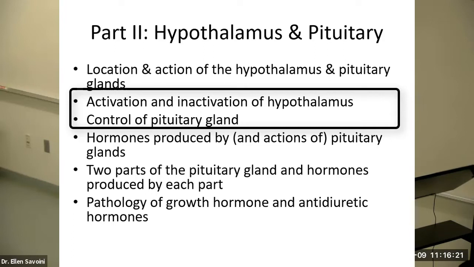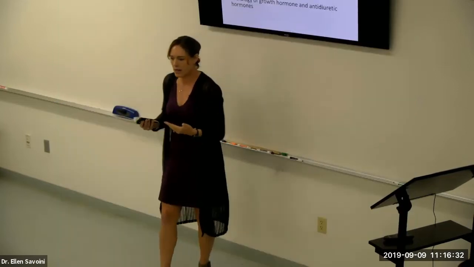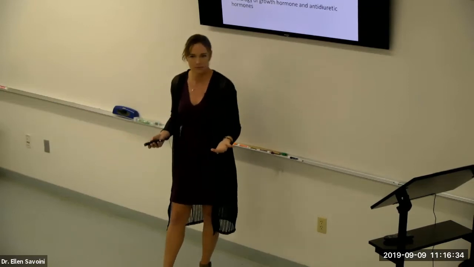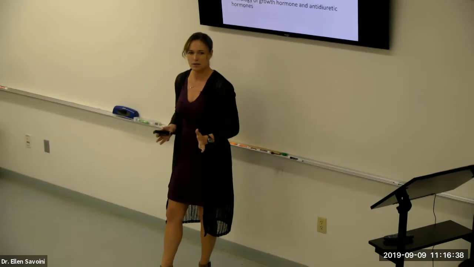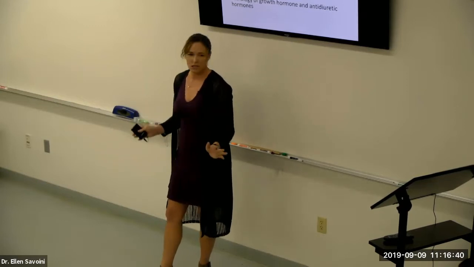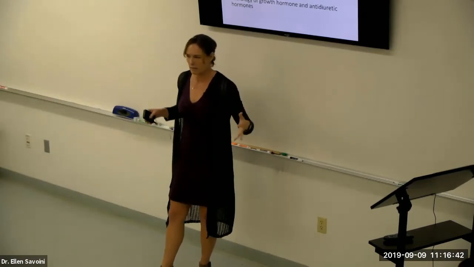For the hypothalamus, what is it sensing? Where does it get its marching orders from? What information is coming into the hypothalamus that would cause it to then do something? Kind of a broad question. Yeah, I was thinking big picture.